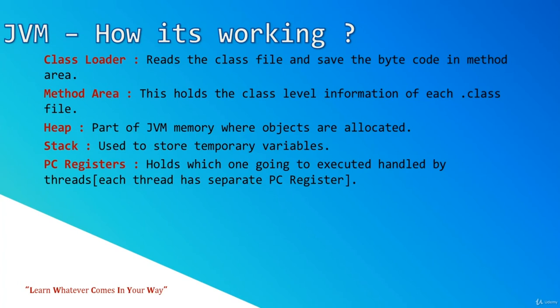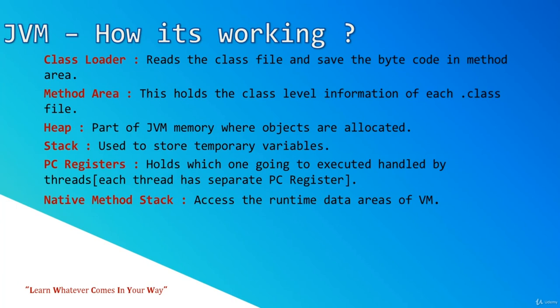For example, Java runs in single thread and multiple threads. Whenever you are dealing with threads, each and every thread has its own PC register. If I have one thread which handles two class files, that thread has a PC register which will handle those two class executions' information.